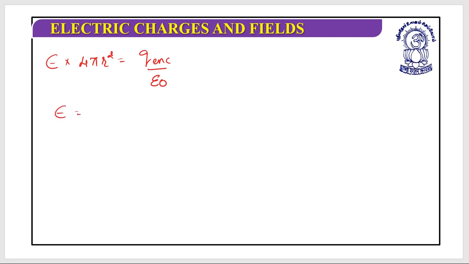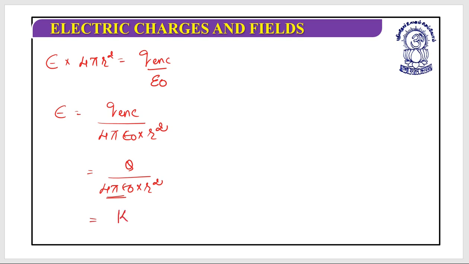So E would be Q enclosed divided by 4 pi epsilon naught r square. Can I write it like this? Now Q enclosed is Q itself. So this is Q divided by 4 pi epsilon naught multiplied by r square. If I replace 4 pi epsilon naught by k, E is equal to kQ by r square. This is the electric field.